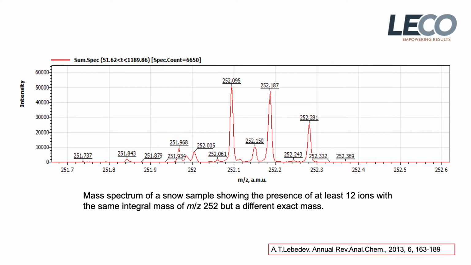And I would like to emphasize that these are elemental compositions, not individual components. It means that each of those elemental compositions may be represented by 1, 3, 5, 10 individual compounds, isomeric compounds.